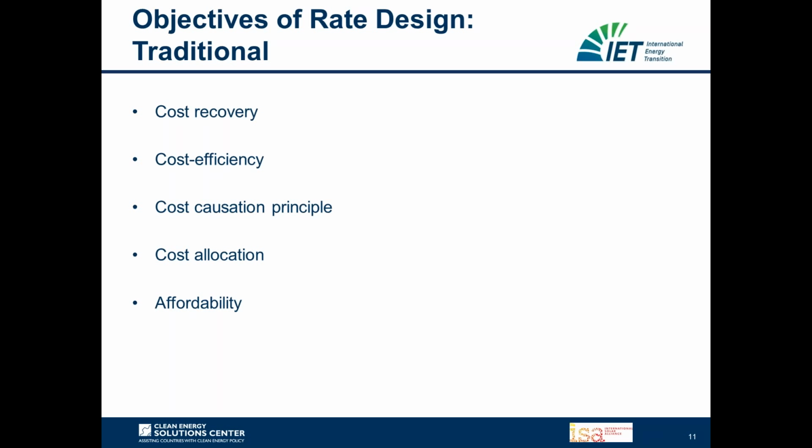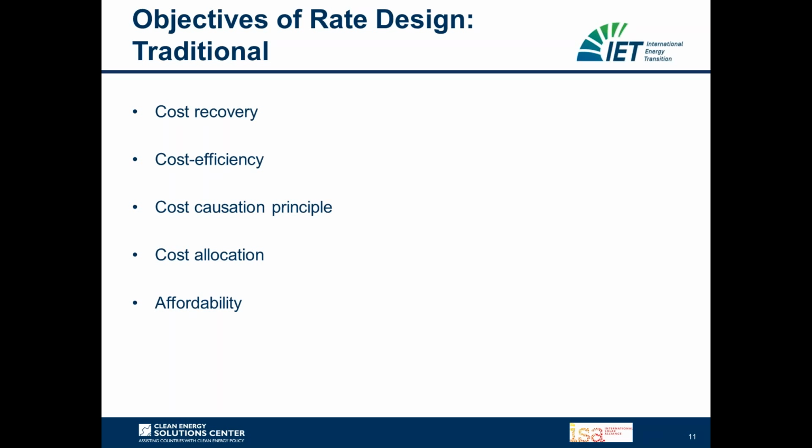We also discussed the cost causation principle: the customers who are responsible for using the electricity grid many times during peak hours should also pay a fair share for maintaining and upgrading the existing grid infrastructure. And we also discussed cost allocation and affordability, that for certain consumer groups, exemptions may be needed because they are not able to afford higher rates.